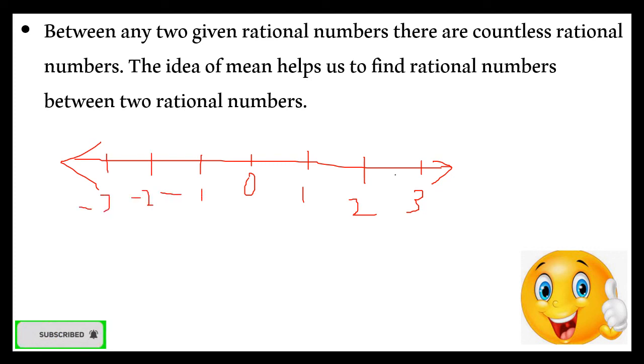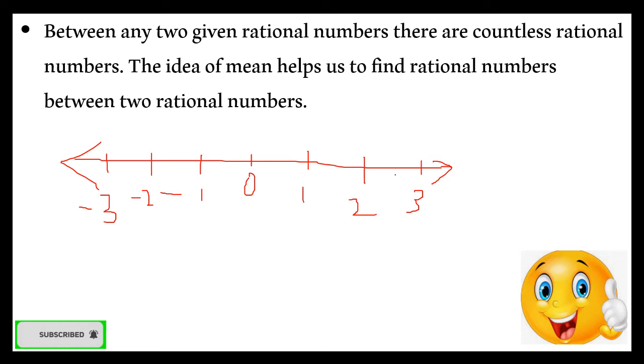In this case we have the various numbers between the two given numbers. So between 1 and 2 we have various numbers, countless, infinite numbers we have. So given two rational numbers, we have countless rational numbers between the two.